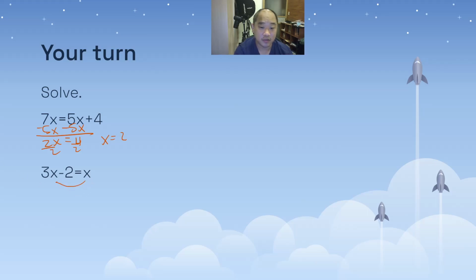So I'm not going to do that. I'm actually going to move this direction, minus 3x. So then we have negative 2 equals negative 2x. Divide both sides by negative 2, 1 equals x.